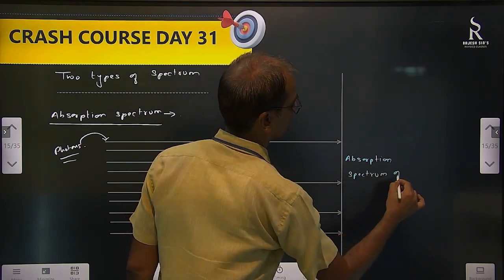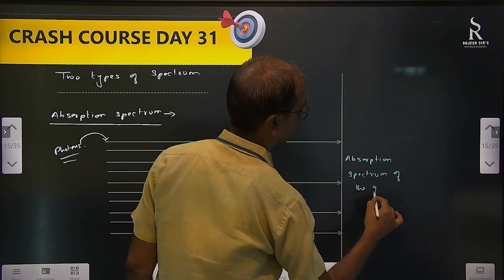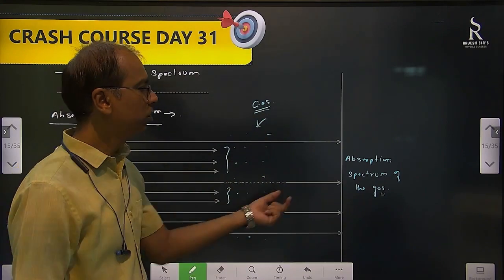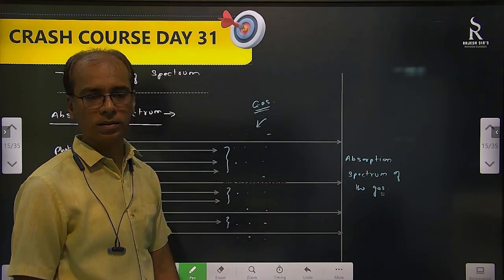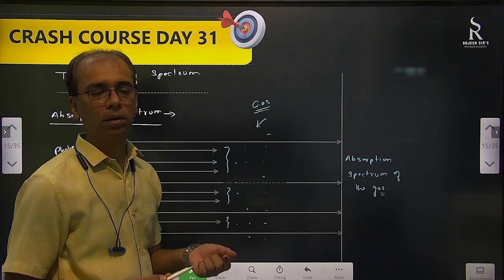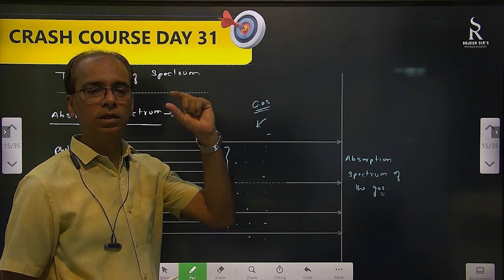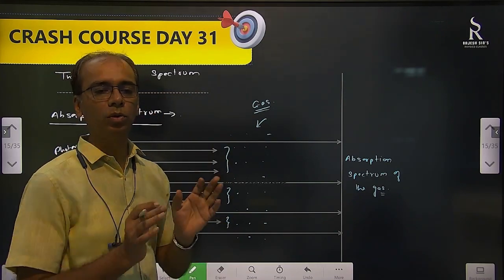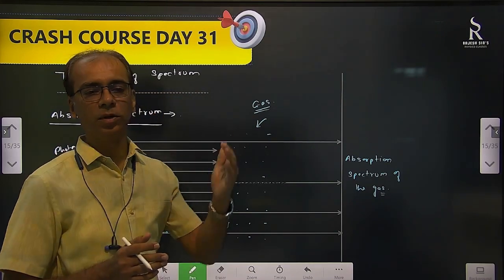Is this the characteristic of the gas? Answer is yes. Is every gas going to have a different absorption spectrum? Yes, because for every gas, or rather every atom, you have different energy gaps between the orbits. There are no two atoms in which the energy gaps will be the same.